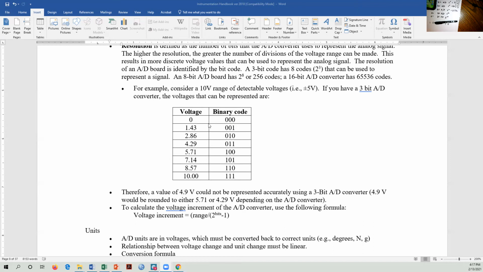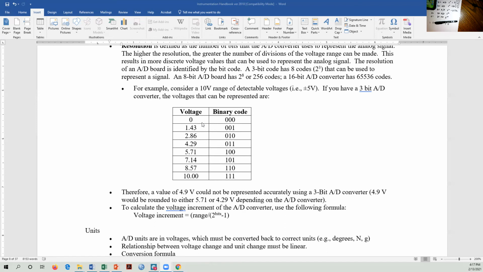Okay? And then I would have finer resolutions. Now, thinking back to what I said, you can buy a 64-bit A to D board. I don't even know how many divisions that has. That has a lot, 2 raised to the 64th power. So we would evenly increment the voltage from 0 to 10 or -5 to 5, whichever way you want to do it, in even increments.